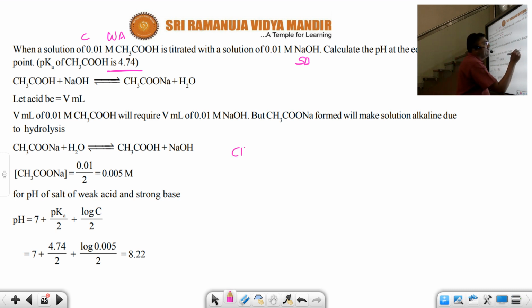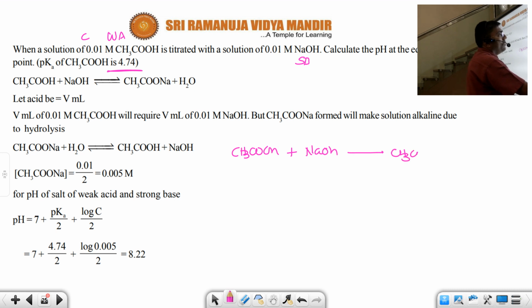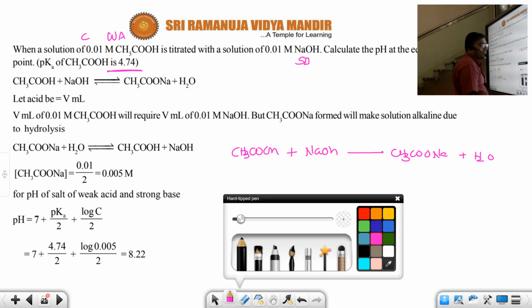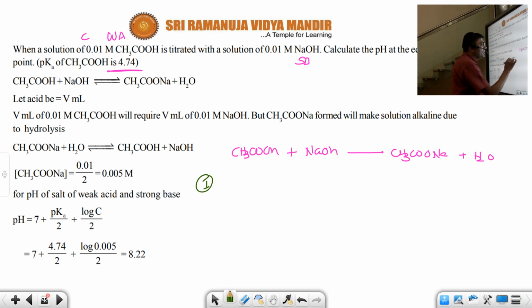So CH3COOH plus NaOH gives rise to CH3COONa plus water. Now initial concentration, if you see, it is given 0.01, here also 0.01.